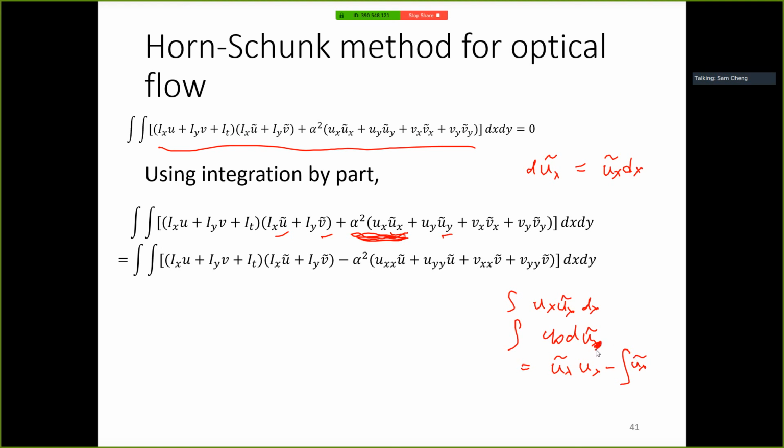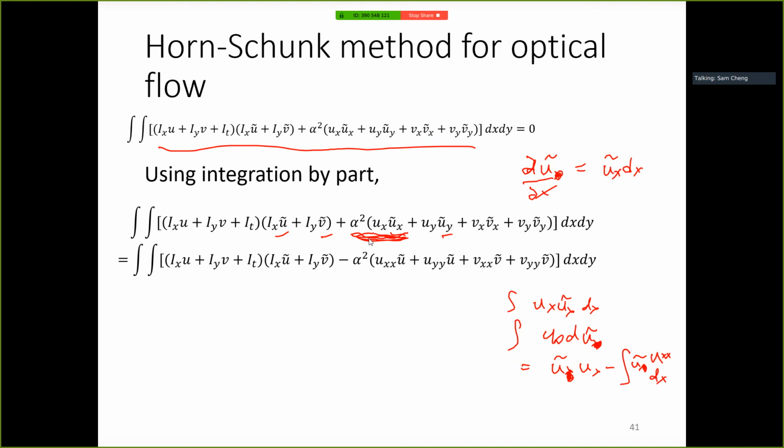Sorry, I made a mistake here. It should be partial u tilde, partial x. So this is u tilde here, and this will be u tilde d ux, so it will be u double x dx.